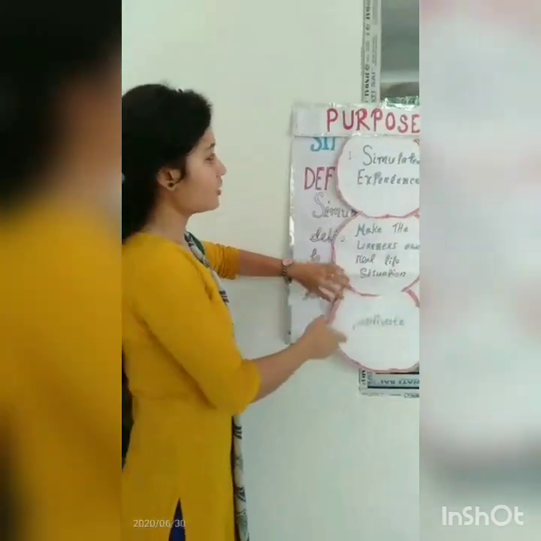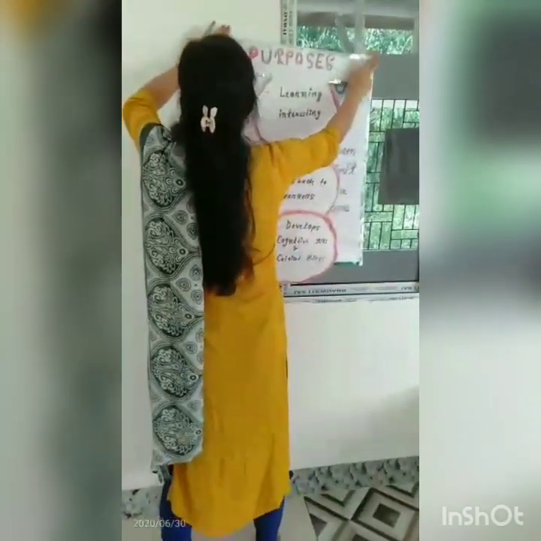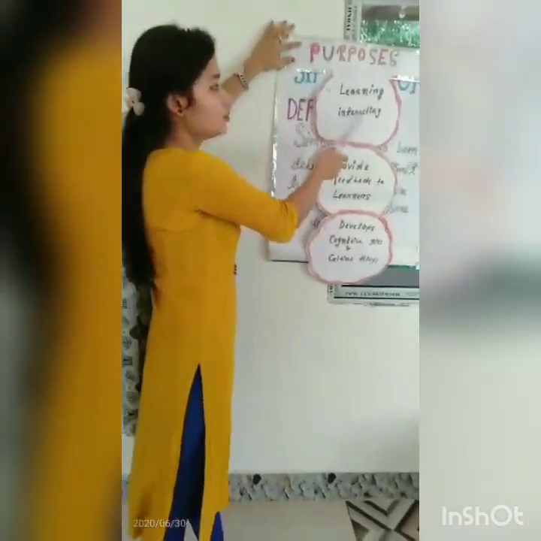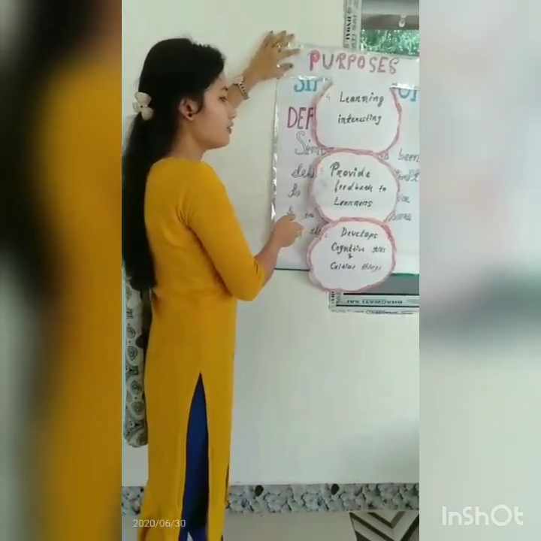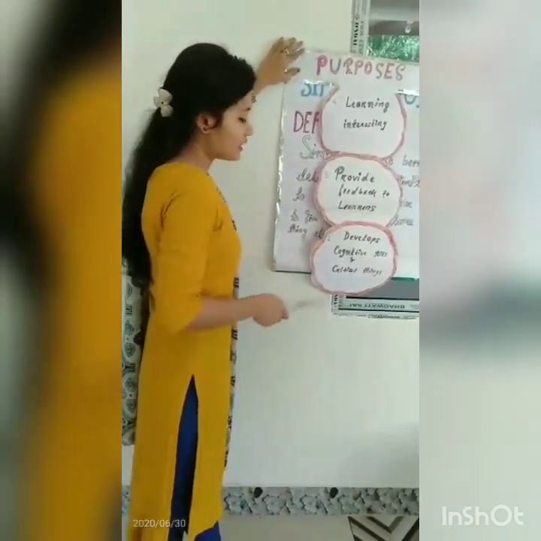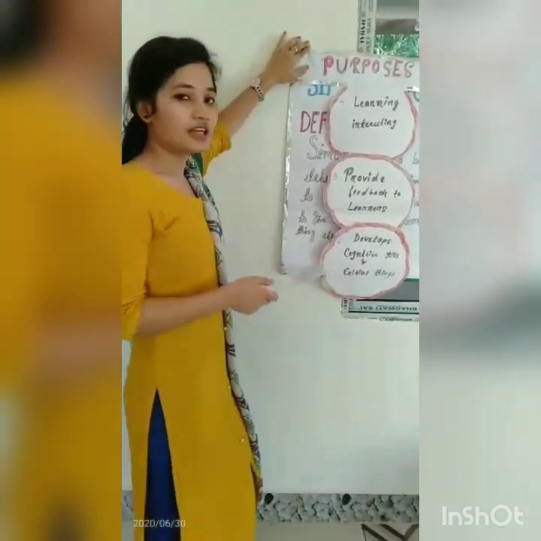The third is to provide motivation. The fourth is making learning interesting. The fifth is to provide feedback to the learners. The sixth is to develop higher-order cognitive skills and critical thinking.